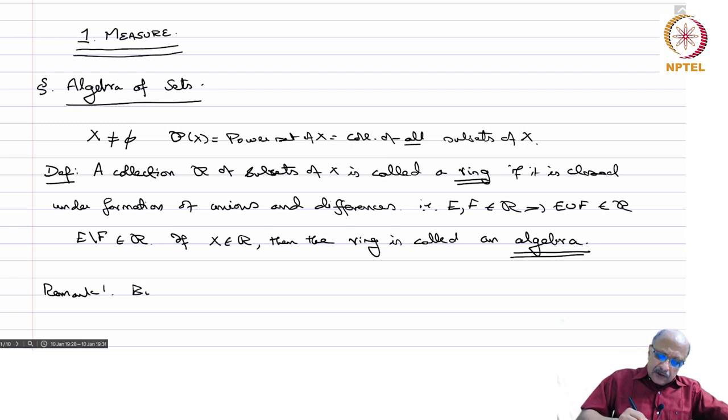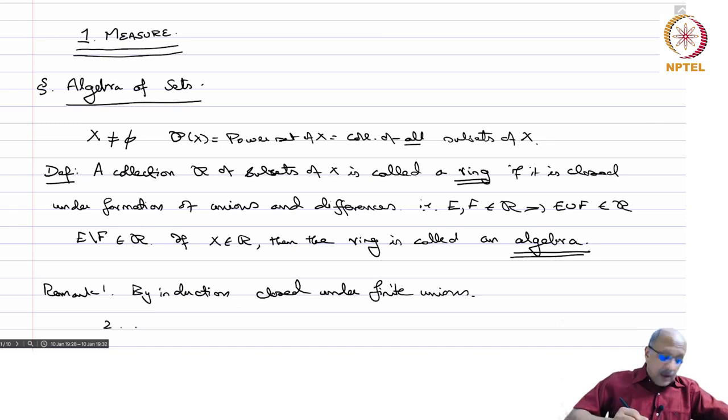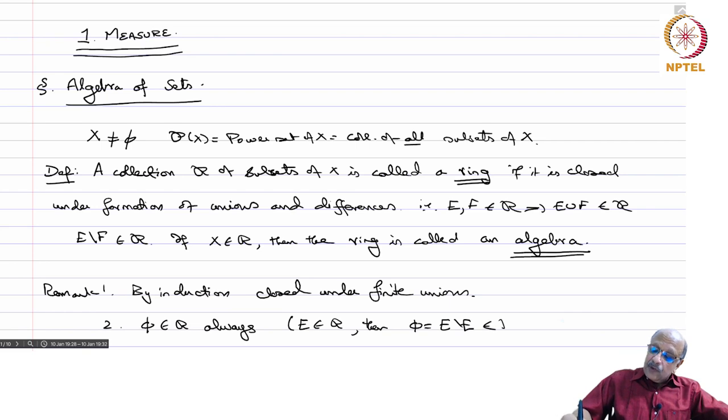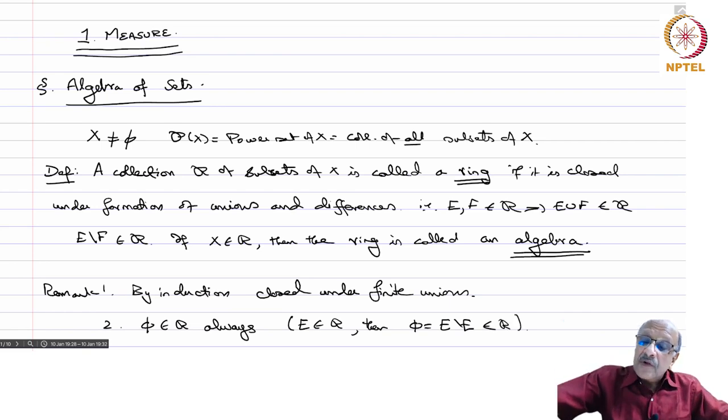One, by induction, R is closed under finite unions. Then two, you have that the empty set always belongs to R, always. Because if E belongs to R, then phi is nothing but E minus E, and therefore it should belong to R. It's closed under differences.